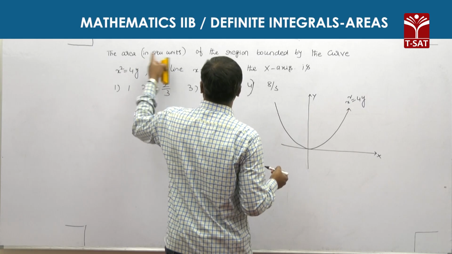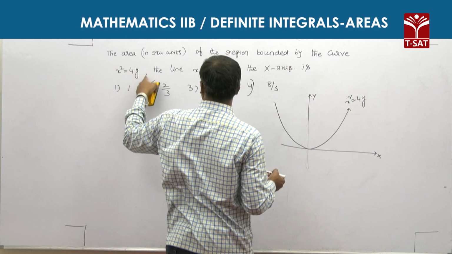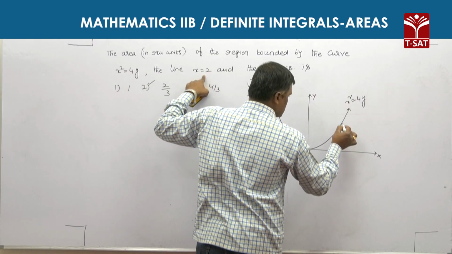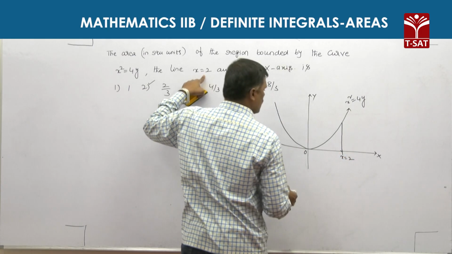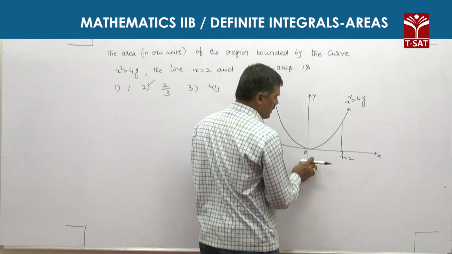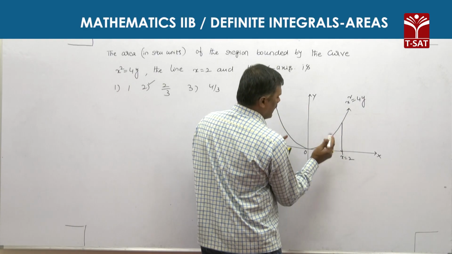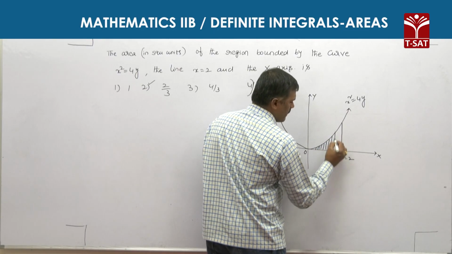The area of the region bounded by this curve x square equal to 4y, the line x is equal to 2 which is parallel to the y-axis, this is x is equal to 2. The area formed with the y-axis, the x-axis and the line, this is the required area.